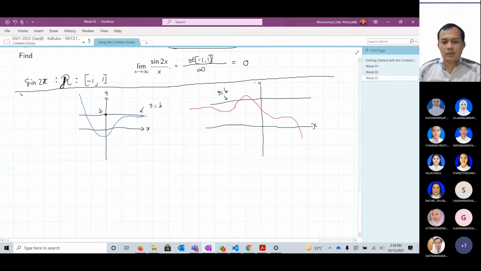This is the example of limit when x goes to minus infinity. The function goes to b, then in this case, y equal to b is also the horizontal asymptote of this red function.